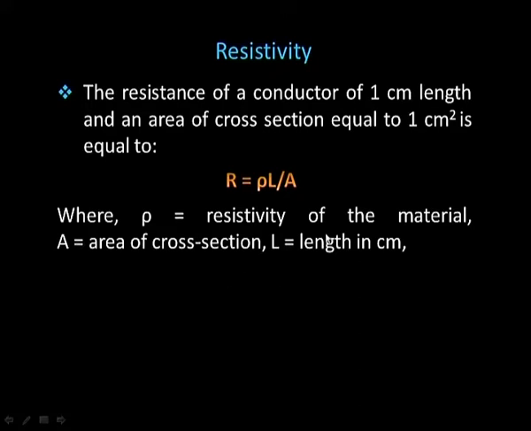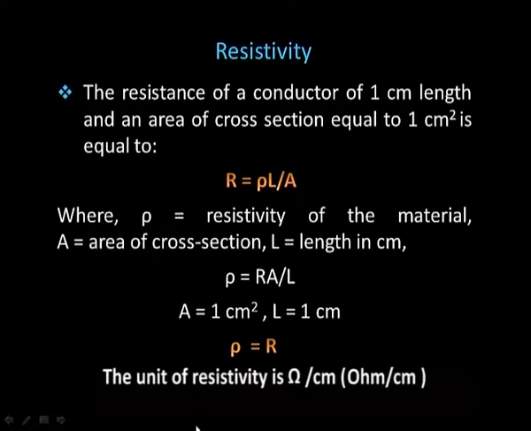Therefore, we can write it as rho is equal to R A by L, where A is 1 centimeter square and length is equal to 1 centimeter. In such case, rho is equal to R.